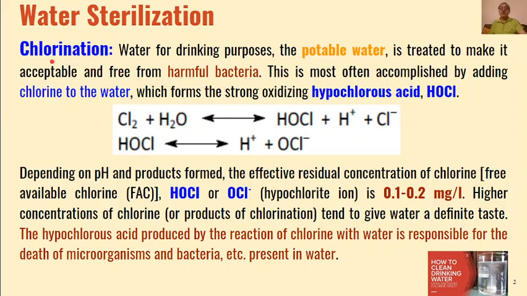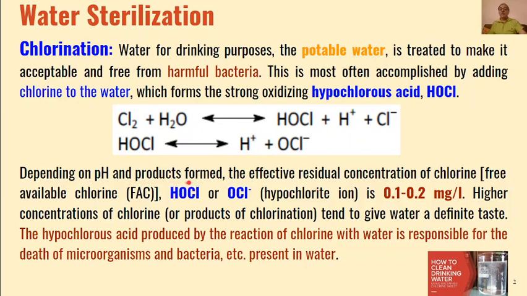That is why we do chlorination, so that our drinking water becomes acceptable for drinking. Now, depending upon the pH of the water, this HOCl can also dissociate into H+ and OCl-, that is the hypochlorite ion.